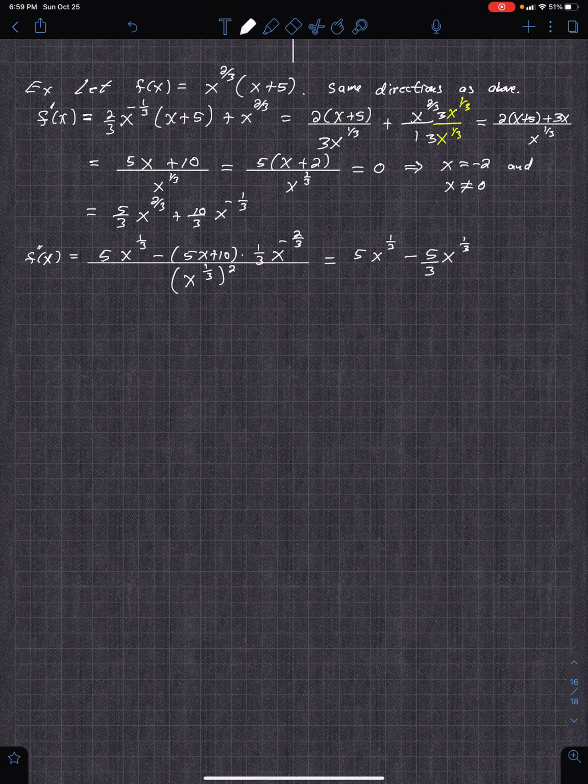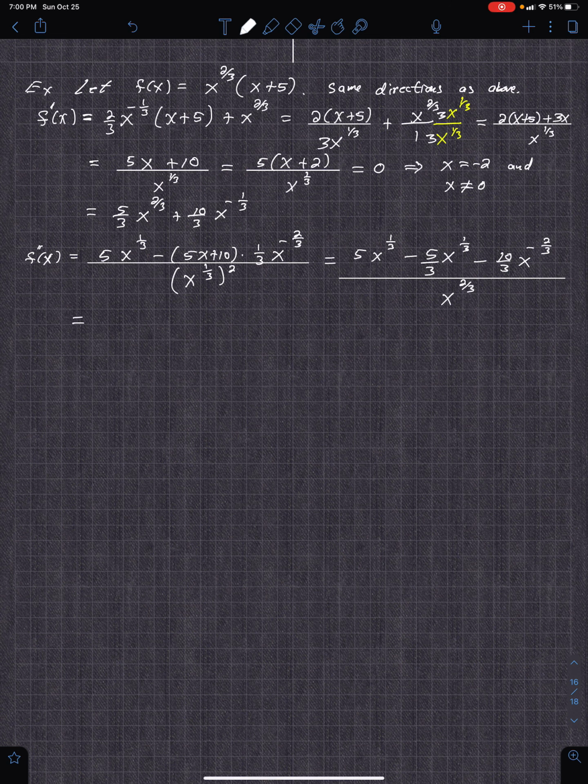And that's minus, and then another minus, because you're taking this along to the other one as well. And so that's 10/3, and then that's the same x to the negative 2/3, and that's all over x to the 2/3. So this will take some work to simplify.